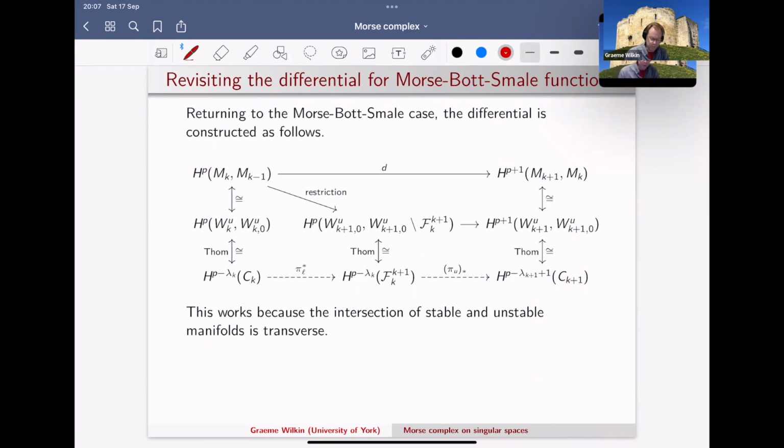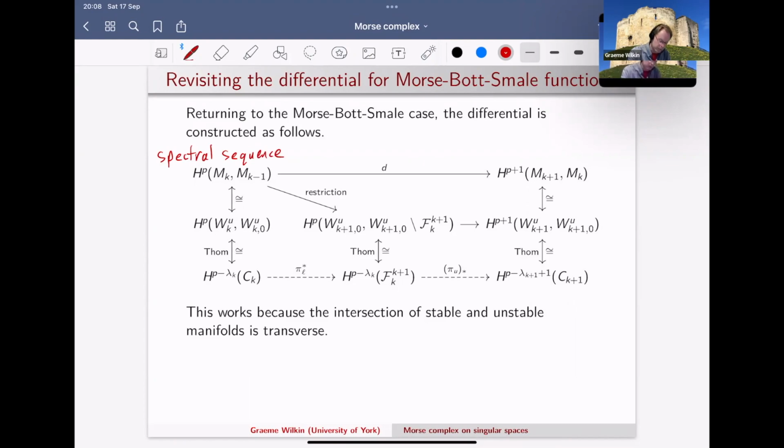So the picture I drew before, essentially this is how it all works. I won't go through all the details of this diagram here, but maybe I'll just say what the different levels look like. This top row comes from the spectral sequence, so this is purely algebraic.